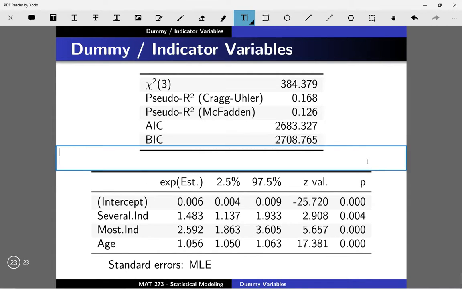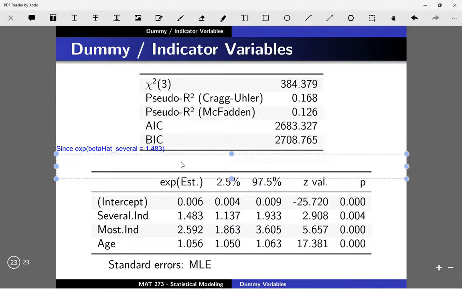So I'll show you what I mean here. Interpreting this coefficient estimate, e to the beta hat for several equals 1.483, because it's already exponentiated for us here.